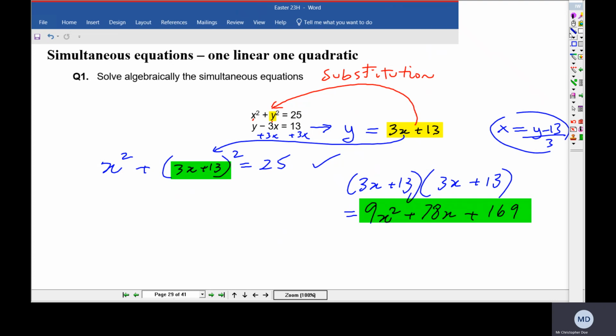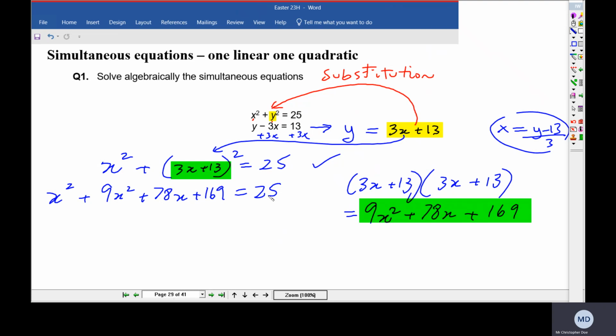So you write this. You'd write x squared. Instead of that bracket, you'd expand it using FOIL, and you'd write your 9x squared plus your 78x plus your 169 equals 20. Oops, equals 25. Happy with that?